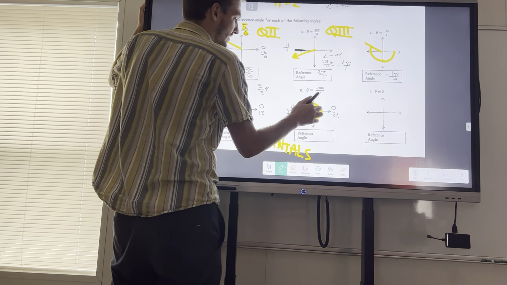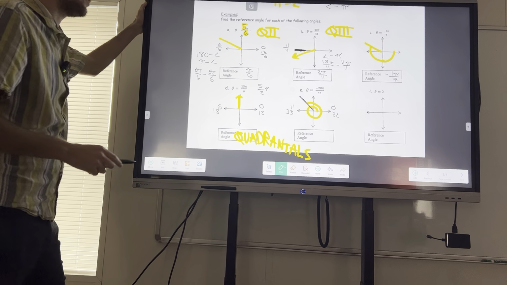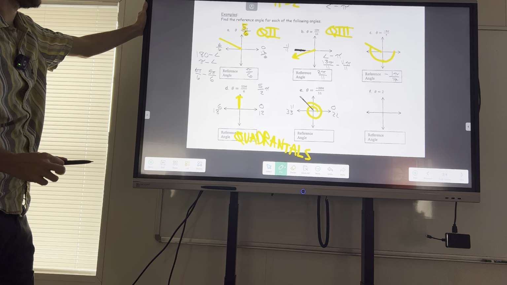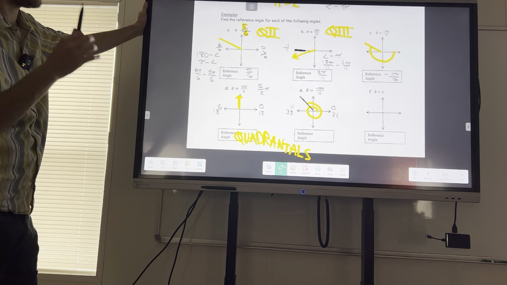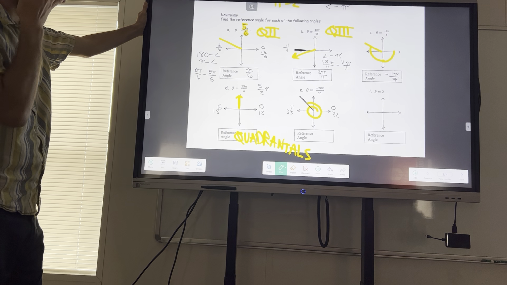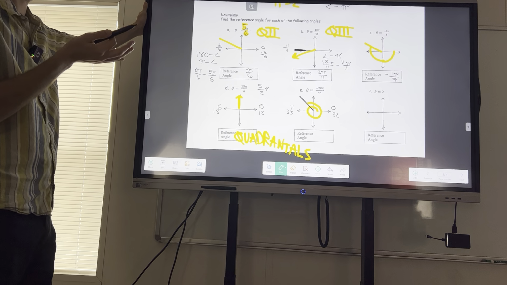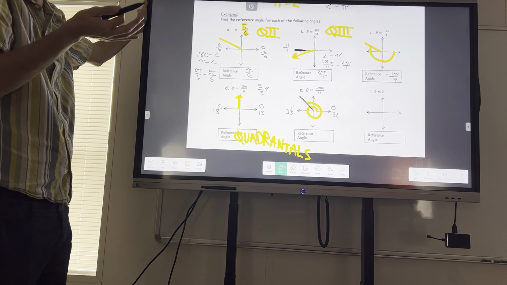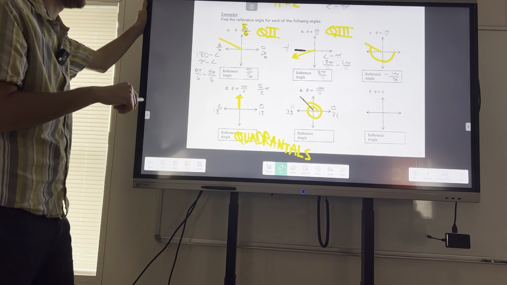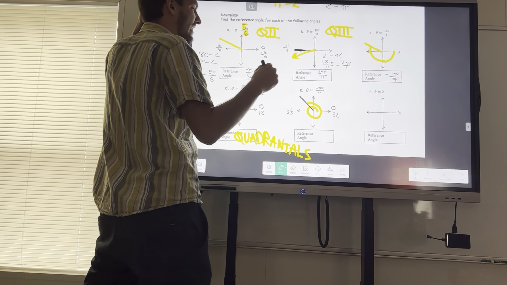So, not by much, but this is going to be in that third quadrant. Where? Or second. Sorry. Good catch. Another thing we could do with this is we could do coterminals if we wanted to, but whatever, good enough. We can work with this -28/11.